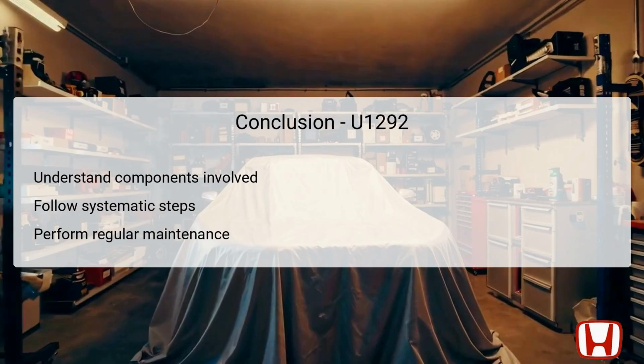Furthermore, it is crucial to incorporate regular maintenance practices to prevent the reoccurrence of such issues. Timely and thorough inspections ensure the longevity of the vehicle systems and contribute to a safer driving experience. Addressing these issues promptly helps maintain vehicle functionality and owner satisfaction over time.